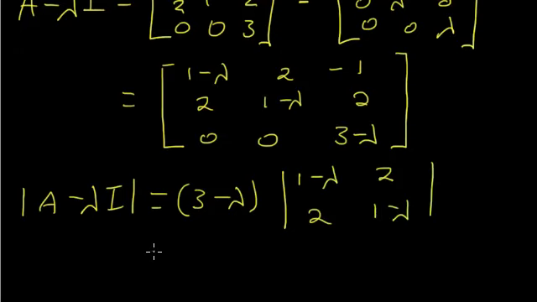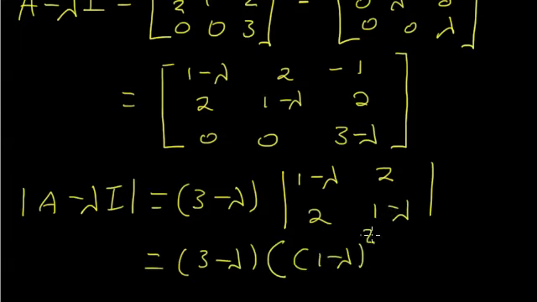Well, this is a 2 by 2 matrix, so the determinant of that is the product along this diagonal. That would give me 1 minus lambda squared minus the product of this diagonal.